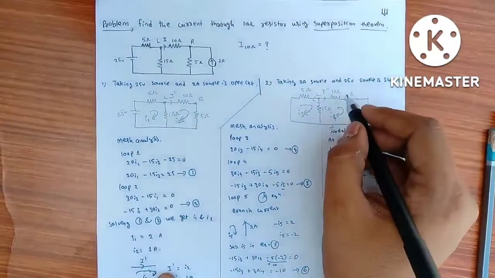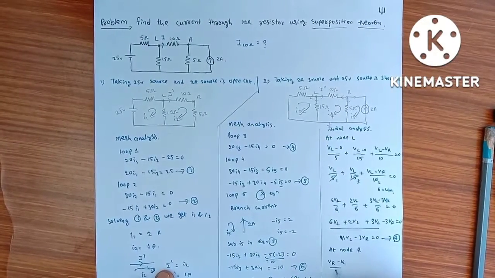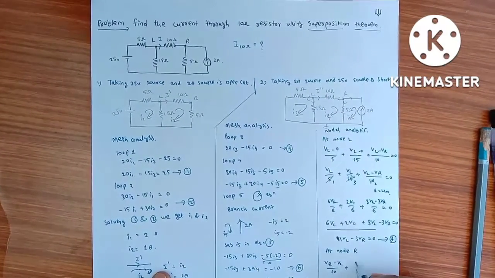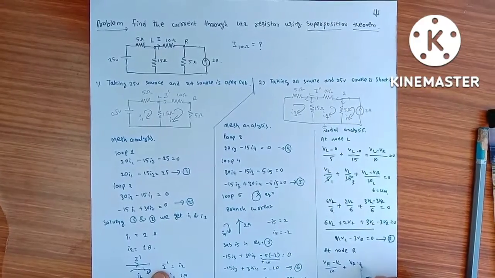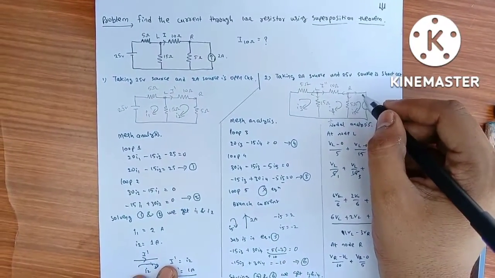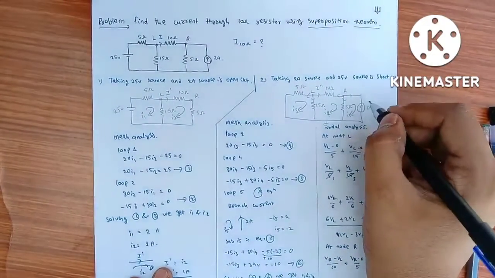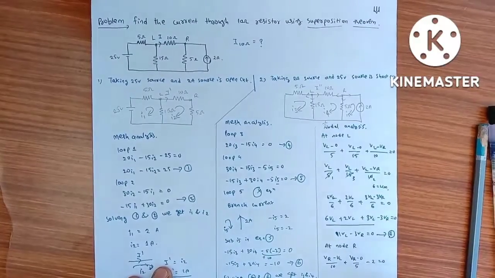Now I am taking the equation at node R. At node R we are taking VR minus VL by 10 plus VR minus 0 by 5. Again we are going opposite to the direction of 2 amps, so minus 2, which is equal to 0.